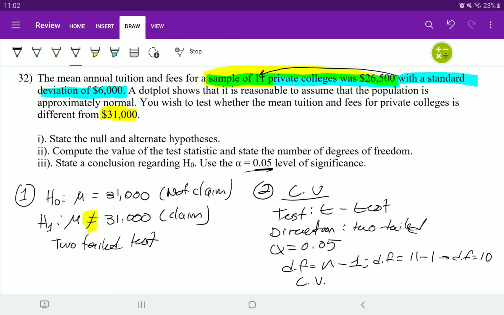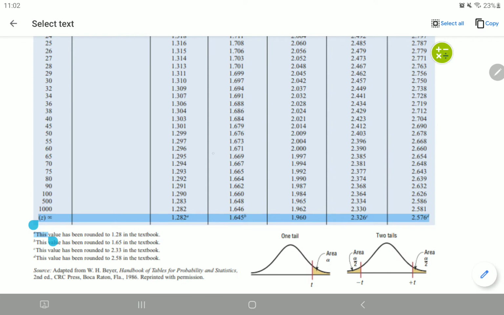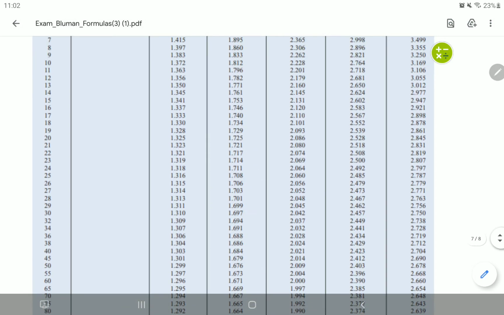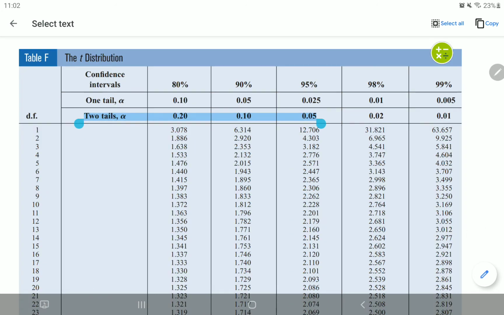you're going to go to your t distribution. Why is it always so blurry when I go to it? Makes me sad. This is a two-tailed test. So you're going to go to two-tailed alpha 0.05, right? Degrees of freedom is 10. So let's go down to 10. Degrees of freedom is 10. Highlight that up.